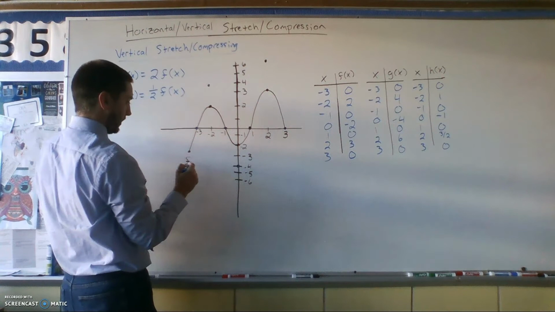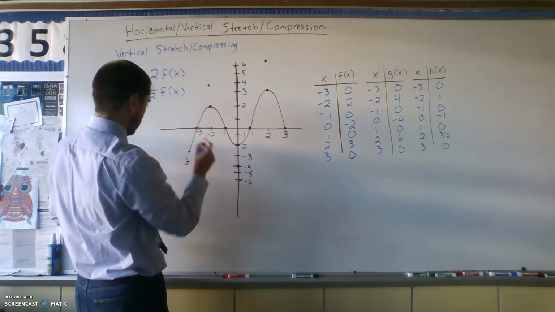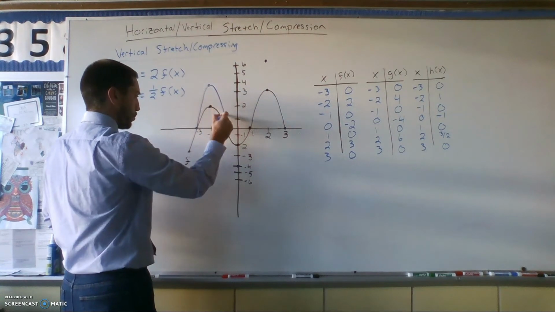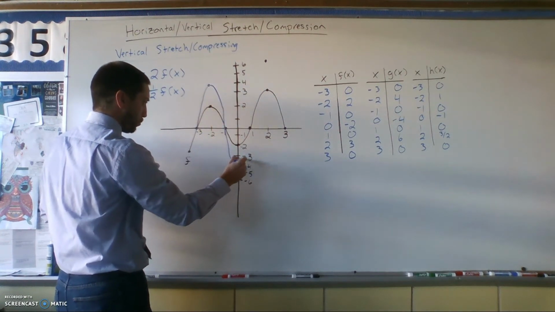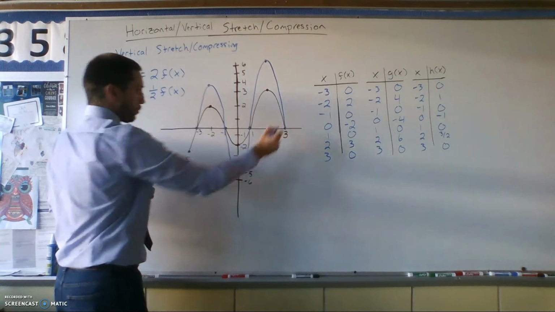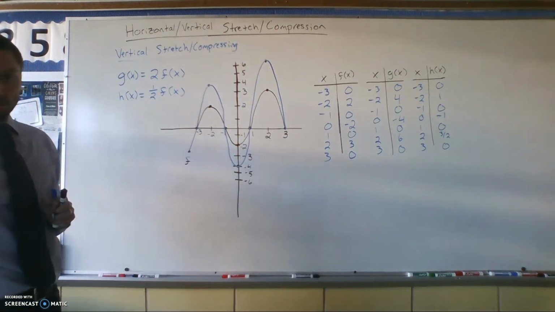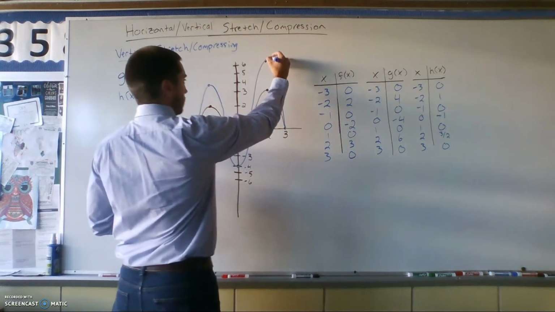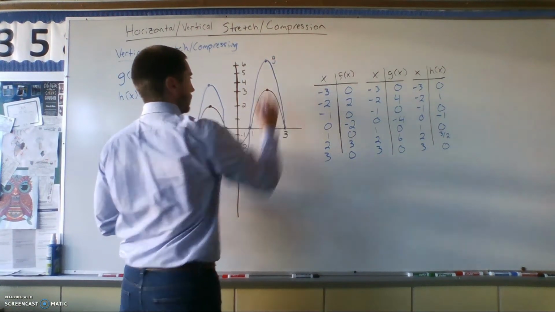Okay, see if I can connect my dots. Oh, I forgot. Oh, no, I'm good. All right, here we go. Hey, not bad, Mr. Craig. Okay, so this blue graph, this is G.